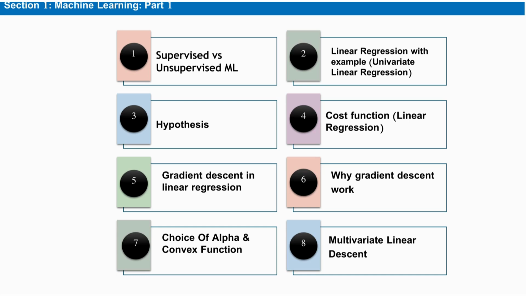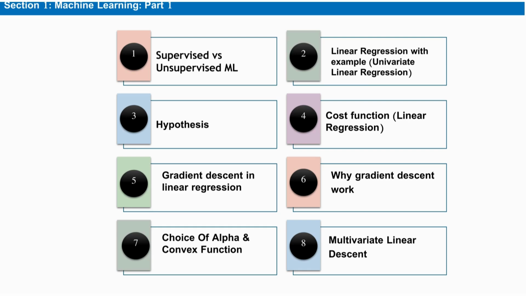Then the hypothesis, how the hypothesis actually works inside linear regression. Then the cost function in linear regression, gradient descent in linear regression, why gradient descent works, the intuition behind it. Then the choice of alpha and the convex function. Then we will see multivariate linear regression with gradient descent.